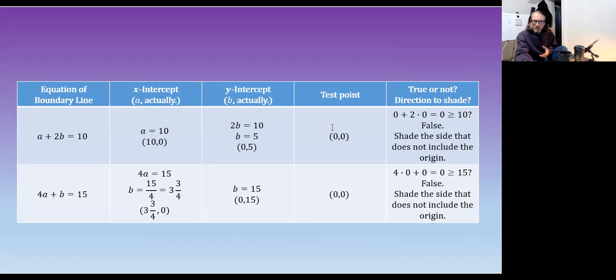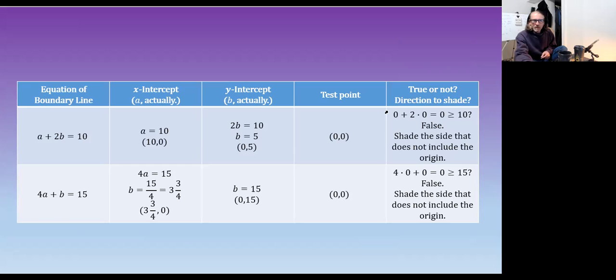Since none of those lines is going through the origin, and by the way, it's not just from my hand-drawn sketch that I know that, but also if I put in 0, 0 for a test point and get exactly equal to what's on the other side, then I know that I am on that boundary line at my test point.